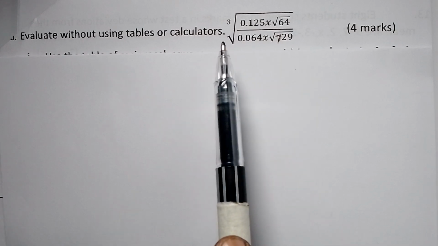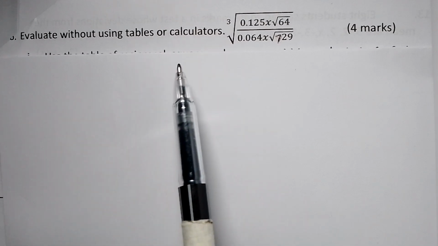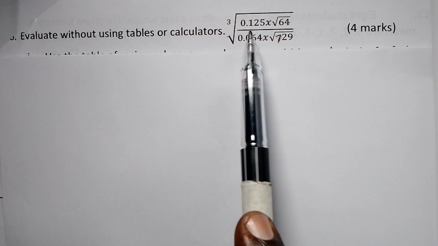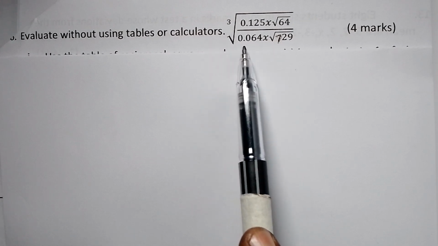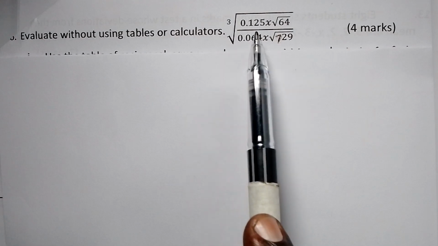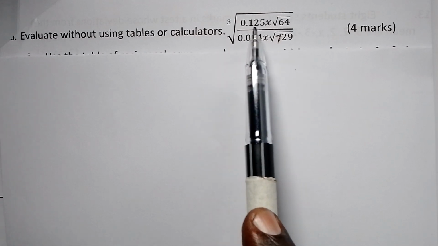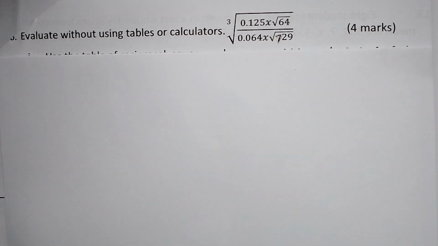So when you're told not to use the tables or calculators, the other option that remains for you to use here would be the factor method to simplify all this. Let us see what is expected of you in such a question.